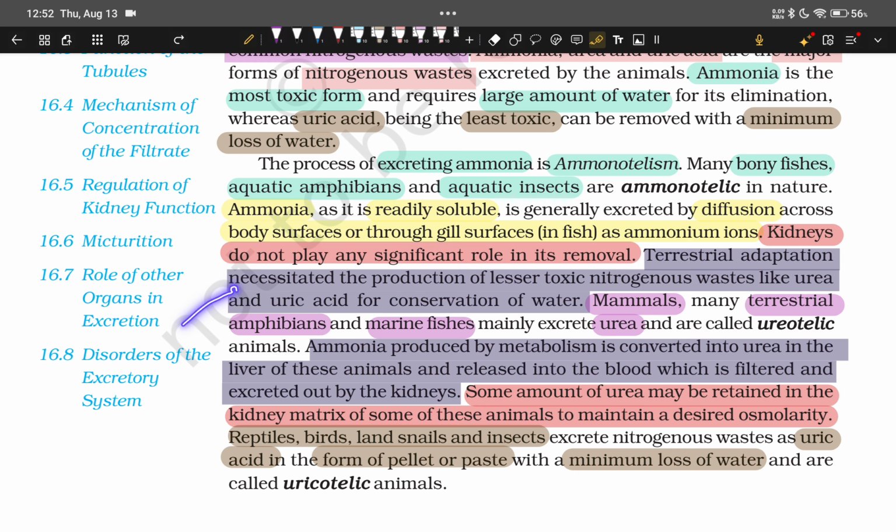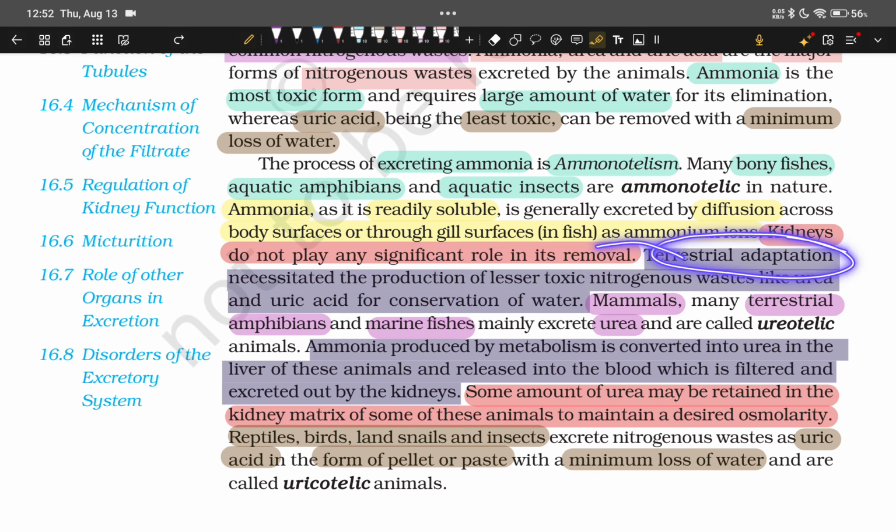Another thing: whatever statements I have highlighted with this color are important for statement based type of questions. Now, terrestrial adaptation necessitated the production of lesser toxic nitrogenous wastes like urea and uric acid for conservation of water. What does it mean? Basically terrestrial adaptation requires production of urea and uric acid because these are lesser toxic wastes and require less amount of water for their removal.